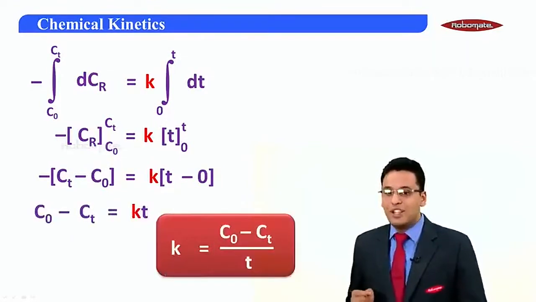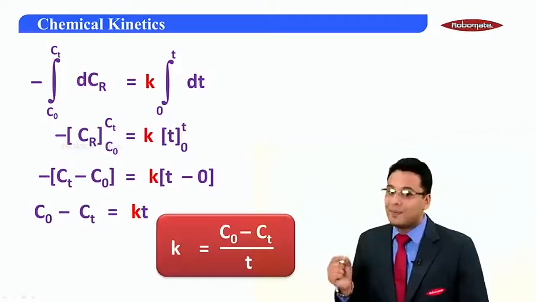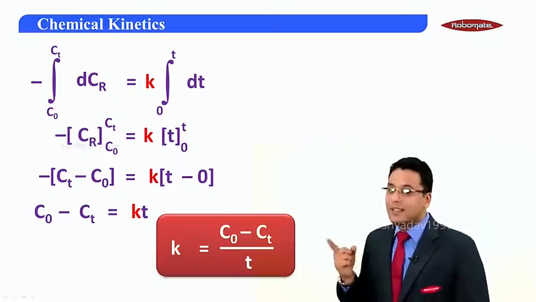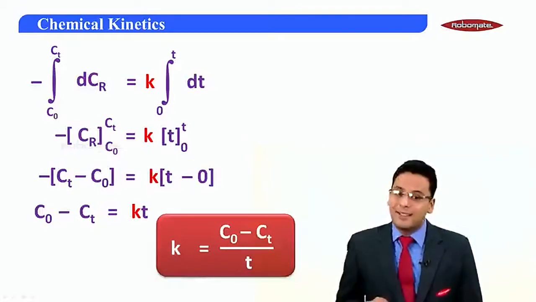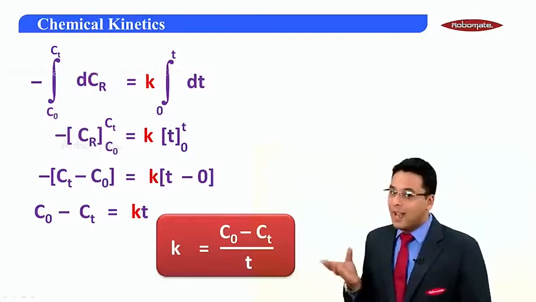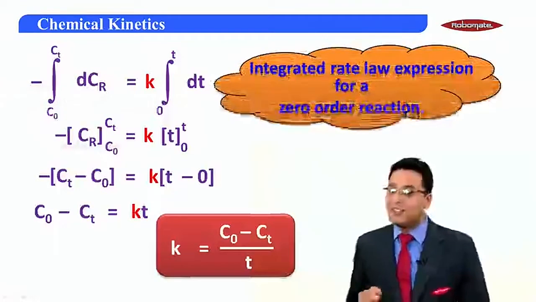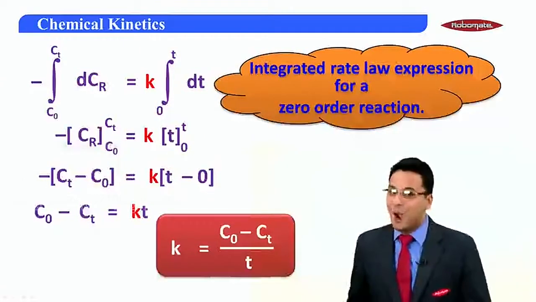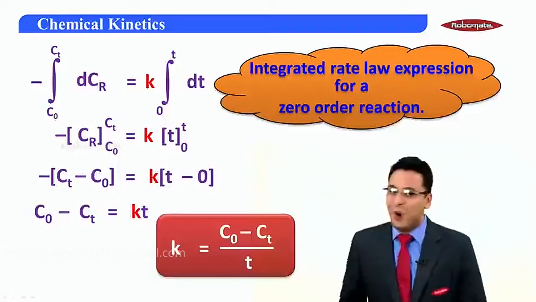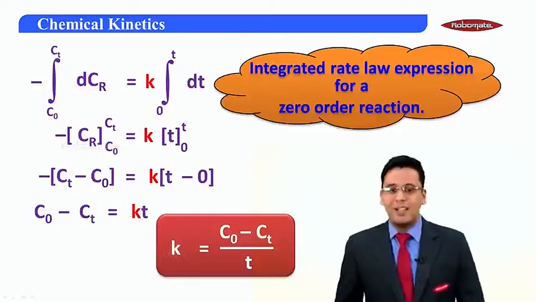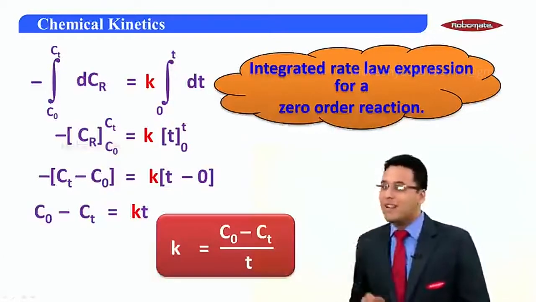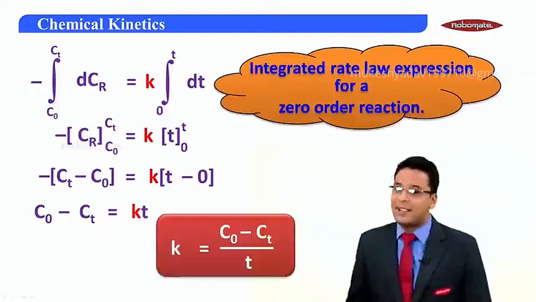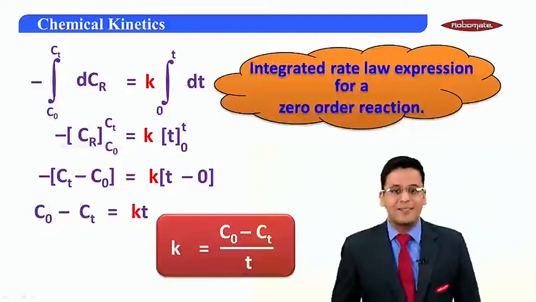Now when you rearrange the equation, this is what you will get. k is equal to C0 minus Ct upon t. And this equation, my dear friends, is the integrated rate law expression for zero order reactions. Isn't it simple? Just take the differential rate equation and integrate it within the suitable limits.